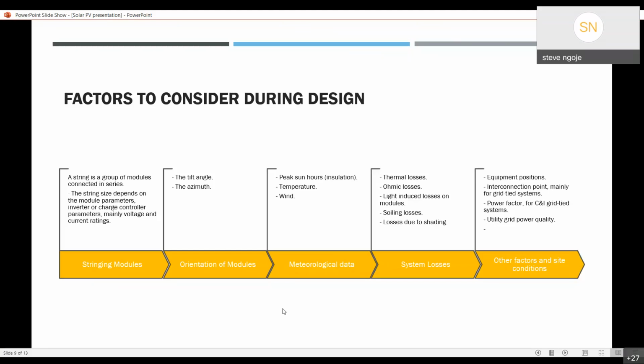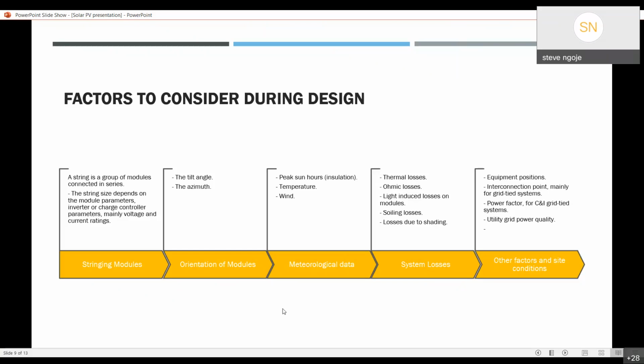Losses due to shading, again, when you're picking an area to have your solar panels, if it is possible, avoid all shading completely. Because for any module, back to stringing, if you have a string of 20 modules and one of them is shaded, your solar plant will work at the efficiency of the worst performing module.